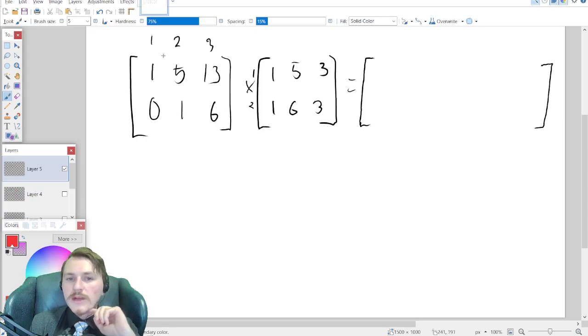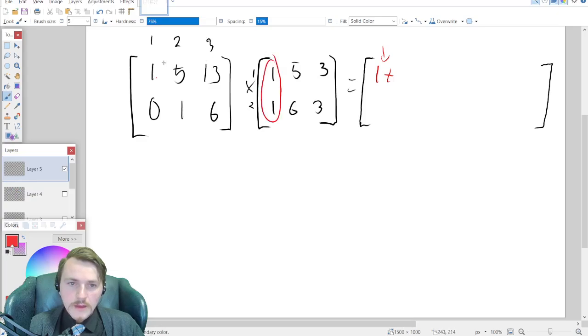So we multiply the first row. We want to get the first item, right? I'll multiply the first row times the first column. So that means 1 times 1 is 1, plus, second item times second item is 5.